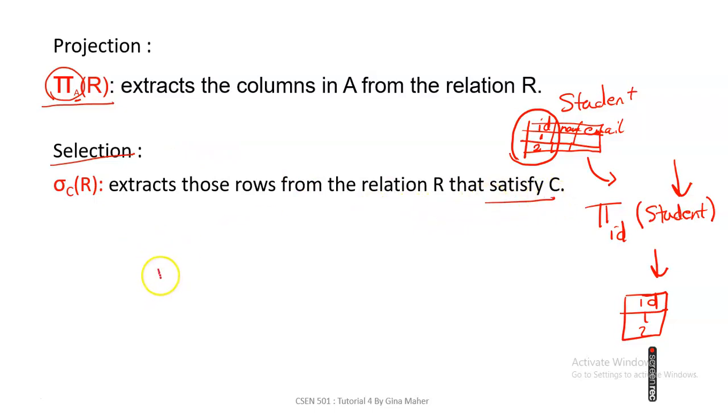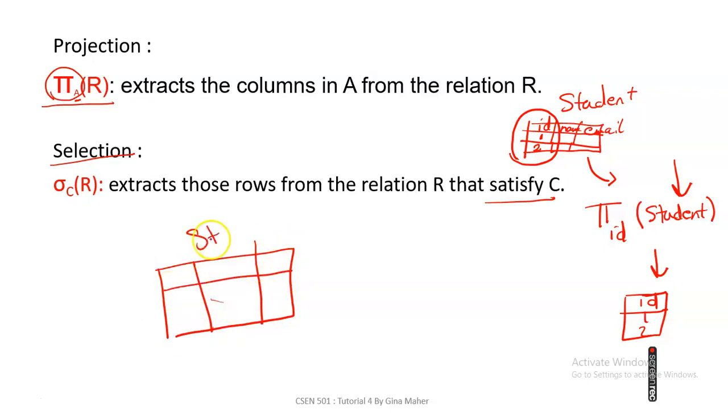Let's take an example. Assume that we have a table called student, ID, name, GPA. 1, 2, Ali, Ahmed, GPA 1, GPA 2.